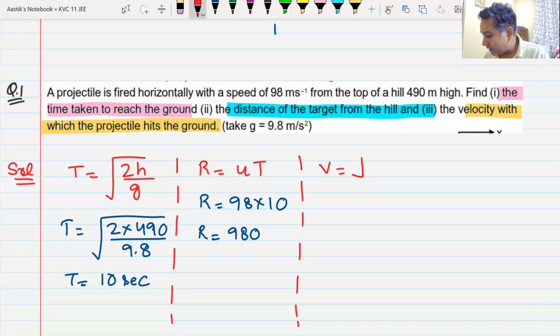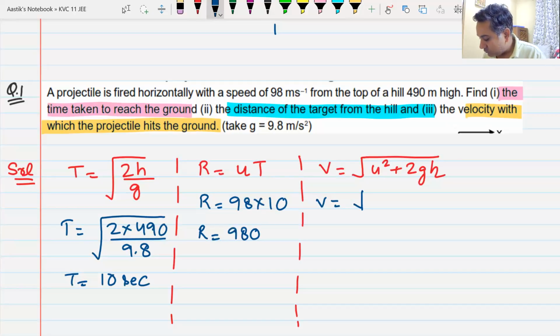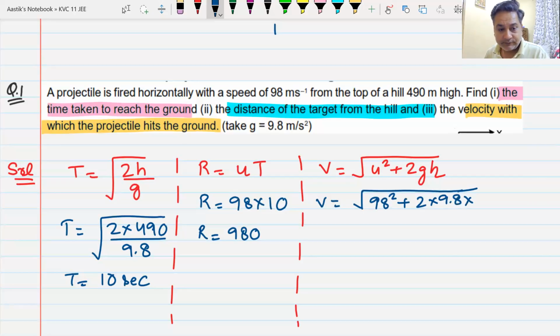The third thing they are asking you is the velocity with which it hits the ground. The velocity with which it hits the ground is under root of u square plus 2gh. You can just put the formula and get the answer. What is the answer you are getting? u square is 98 square plus 2 into g, g is 9.8, into h is 490.